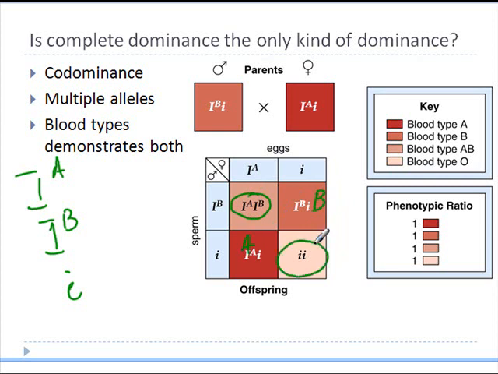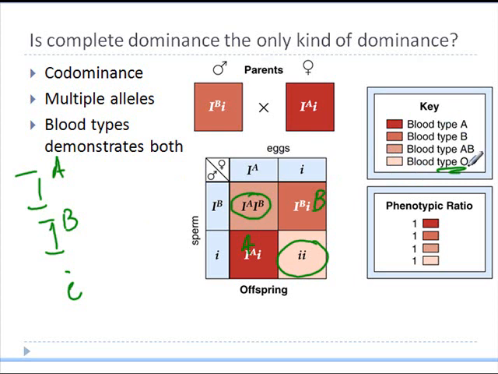However, this combination in which you are missing both antigens is actually the O blood type. So at this time, what we're noticing is that the blood types A, B, AB, and O are all different blood types.